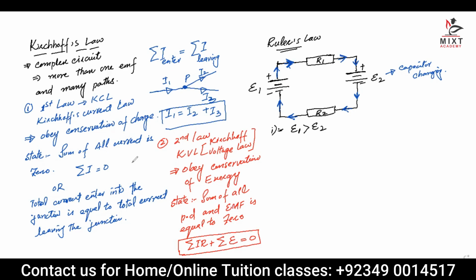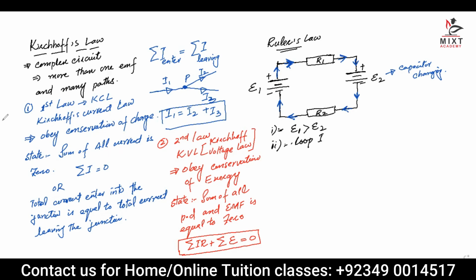You will write that the second battery will store the energy coming to it. That is the first rule. The second rule: you will mark the circuit current according to the EMF. Now you will take the loop current.